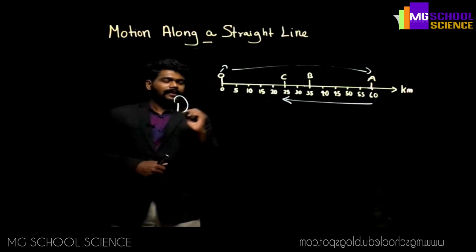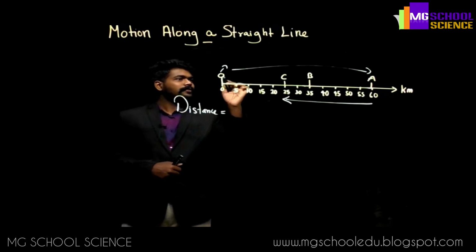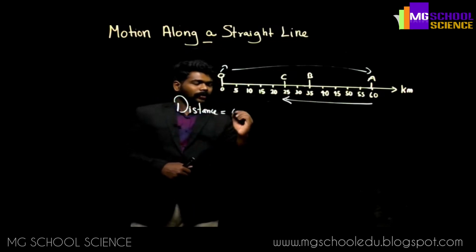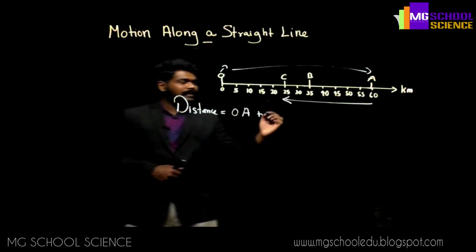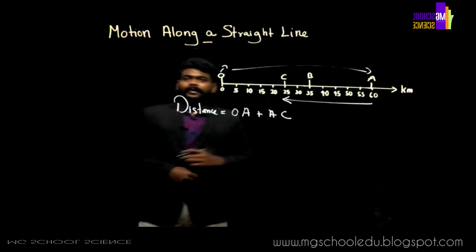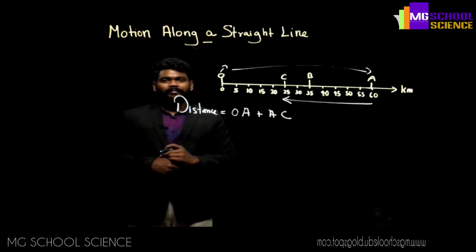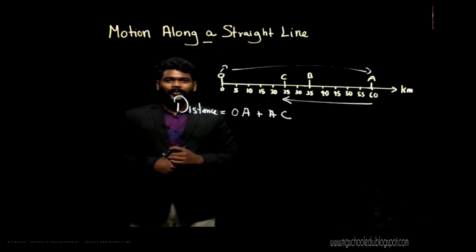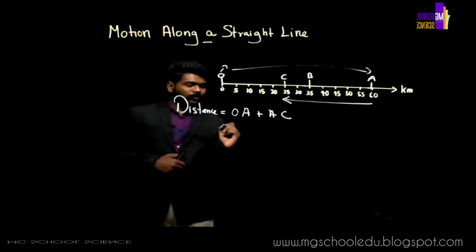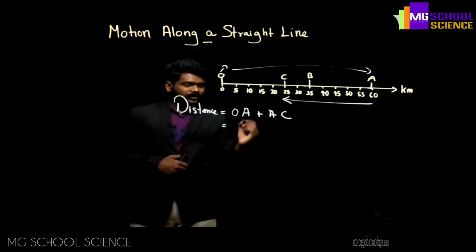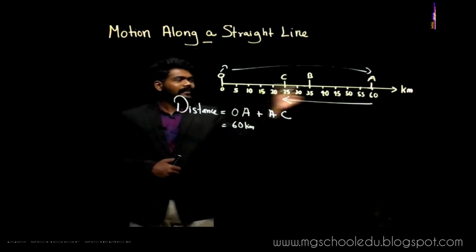Say, distance traveled will be equal to the first one from O to A, whatever from O to A has traveled, and back to C, A to C. We know that distance is the total length of the path traveled by the object. Now, we know that the object has traveled from O to A and A to C. Therefore, O to A consists of 60 kilometers. We can see this from the graph.